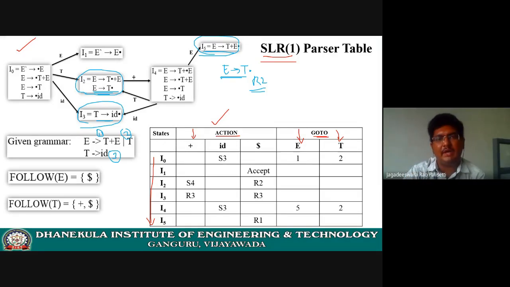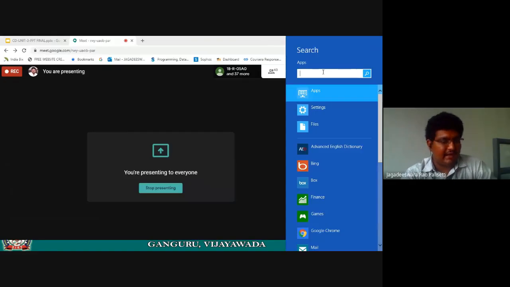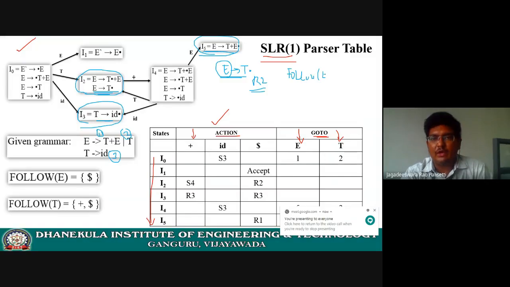So for that, what do I have to do? I have to consider the follow of capital E. So what is the follow of capital E? How are you going to compute the follow of capital E? Go to the grammar. Only this particular production contains capital E on the RHS.